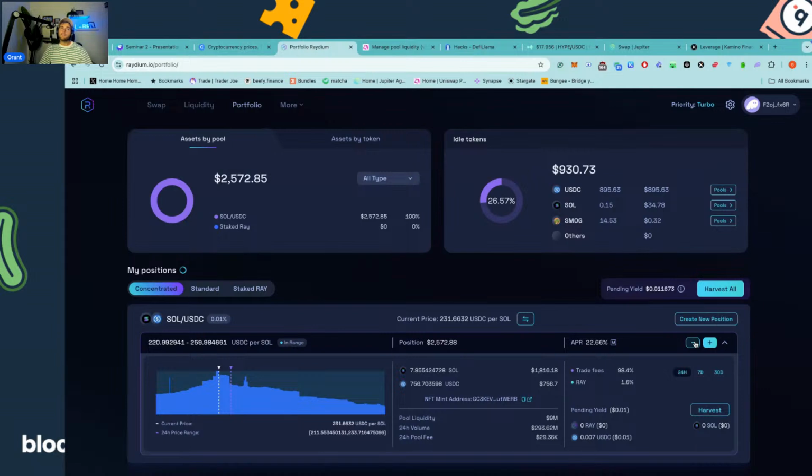To explain that, there's this thing called just-in-time liquidity, which was a type of maximal extracted value, so MEV. These bots would look at large orders coming into a liquidity pool. Let's say there's a $10 million order going into the USDC Sol pool.